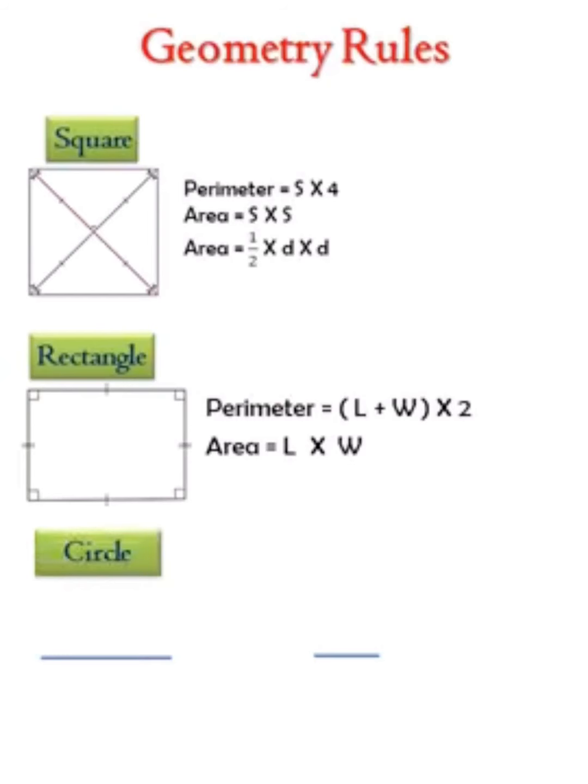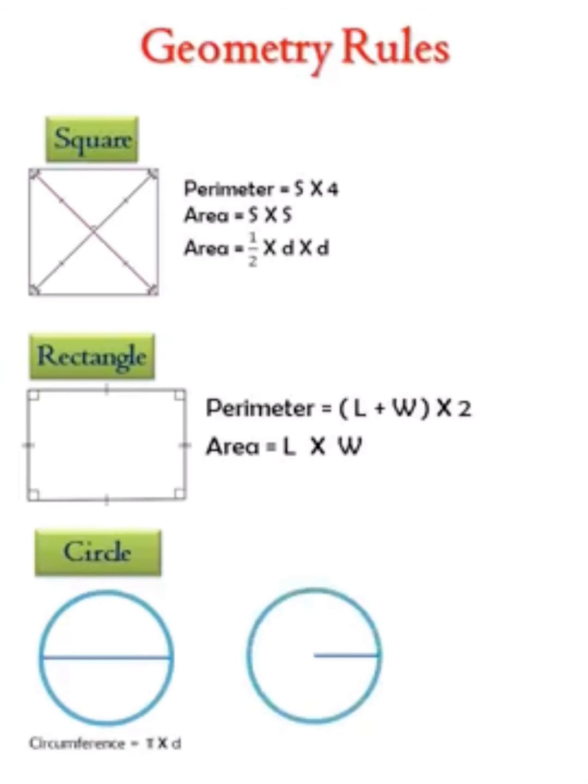Circle. A circle has a diameter and a radius. We take the circumference of the circle. We have 2 rules: a rule according to the length of the diameter and another rule according to the length of the radius. Circumference according to diameter: pi d.